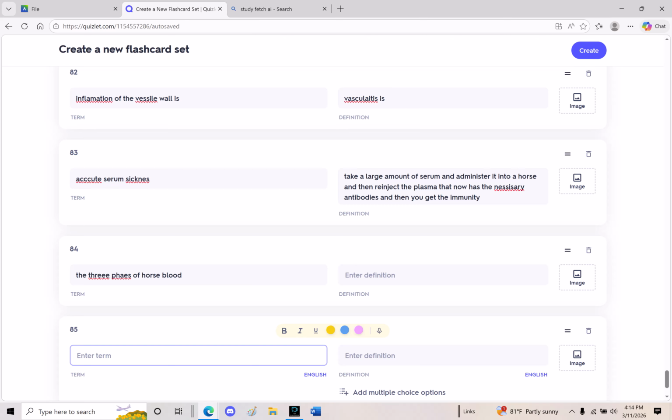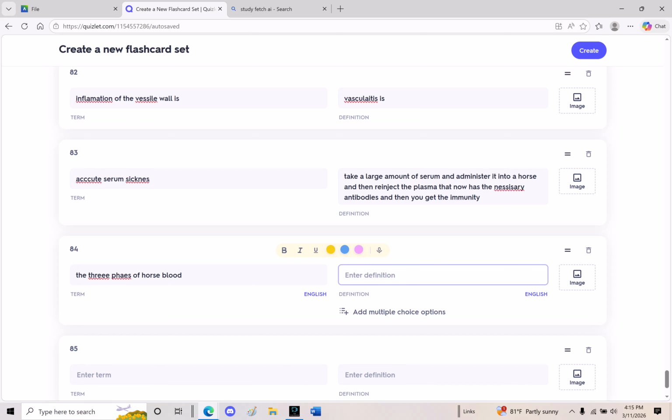Now the horse has a bunch of antibodies in its blood. We draw the blood from the horse, and we get a product that is really rich in tetanus antibodies. That's a good thing, because now our body doesn't need to create the antibodies. You can just give them to me, and they're preformed. That's passive immunity.